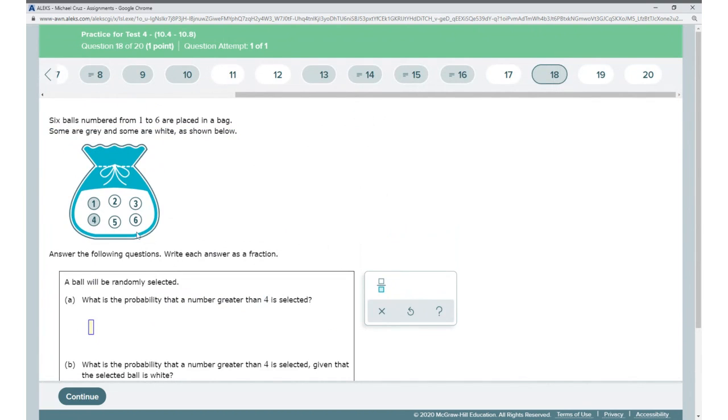Well, 1 is not greater than 4, 2 is not, 3 is not, 4 is also not greater than 4, but 5 and 6 are. I'm going to write it like that first, just to let you see it in action. 2 out of the 6 are greater than 4, but we always have to reduce them.